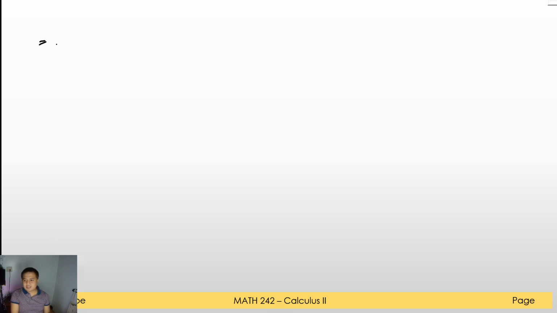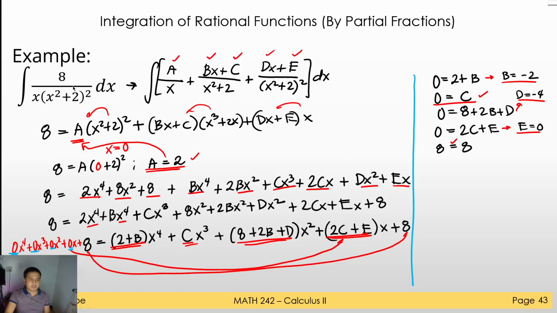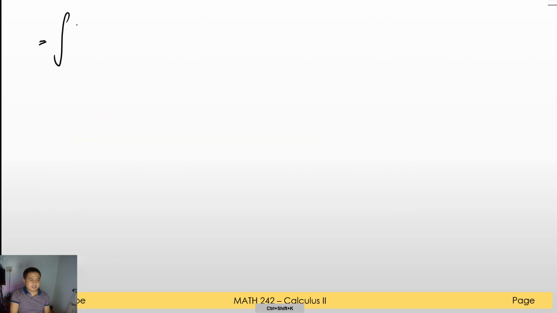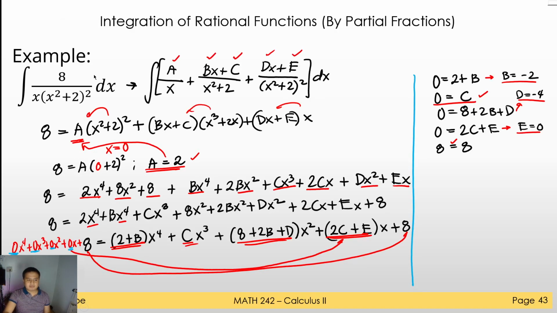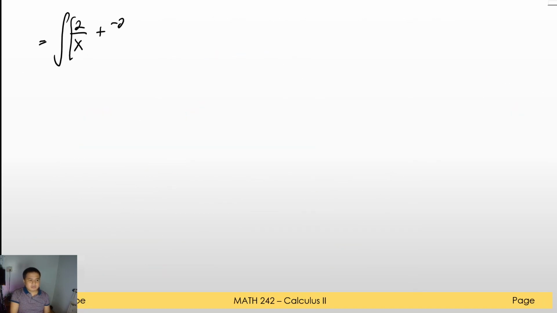So a, we already solved the a. So you have the integral of 2 over x, and then b here is negative 2, so plus negative 2x.